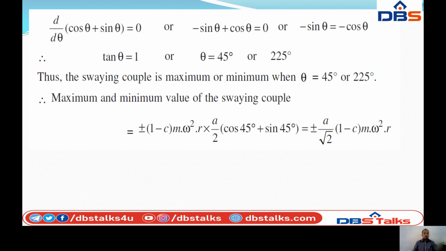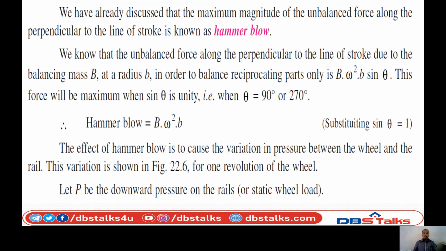Then the harmful hammer blow. We know that the maximum magnitude of unbalanced force along the perpendicular to the line of stroke is known as the hammer blow. The unbalanced force along the perpendicular to the line of stroke due to the balance mass capital B at a radius small b, in order to balance the reciprocating parts only, is given by B omega square b sin theta.